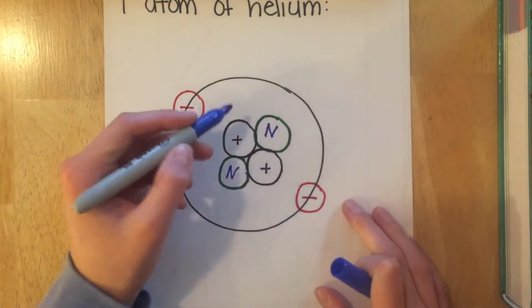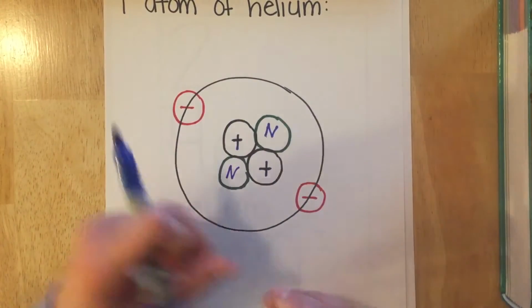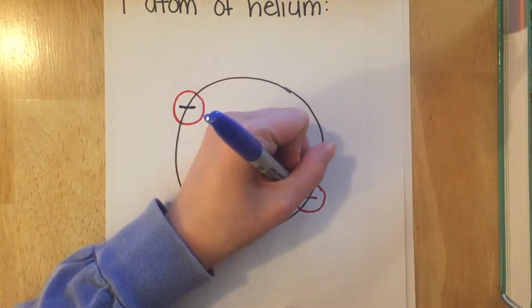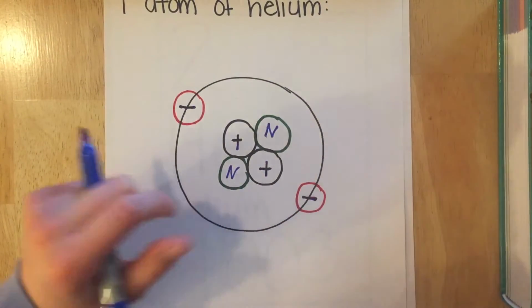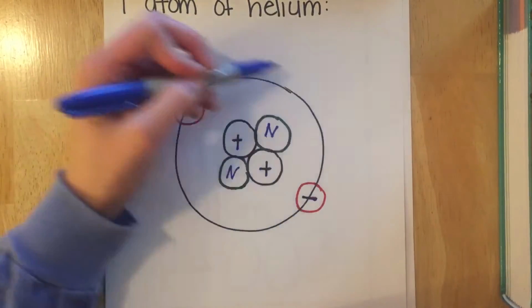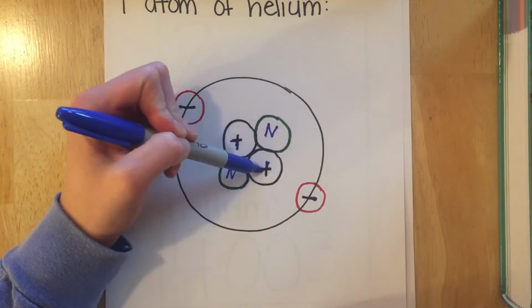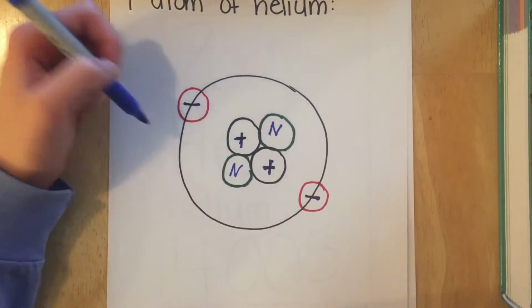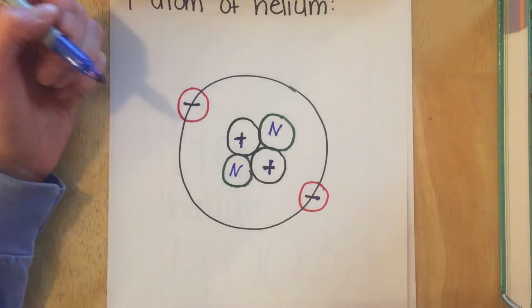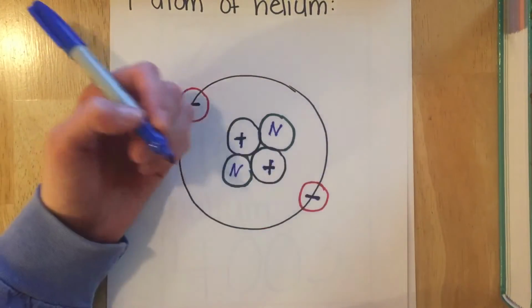Protons carry a positive charge, and in order for the element to be neutral in charge, we have electrons carrying a negative charge around the outside of the nucleus in what we call an electron cloud. So in the case of helium, we know there are 2 protons based on the atomic number. And if we are not told differently, we can assume the atom is neutral. Therefore, we would have 2 electrons to balance out the positives.